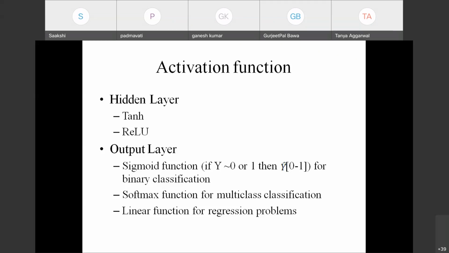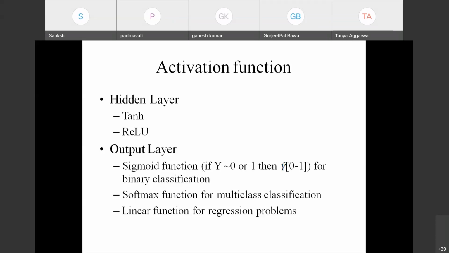I need to classify from 0 to 9, hence the total number of categories required is 10. So in case of multi-class classification, I will be using the softmax function as my activation function at the output layer. Sigmoid and softmax we use in case of classification.